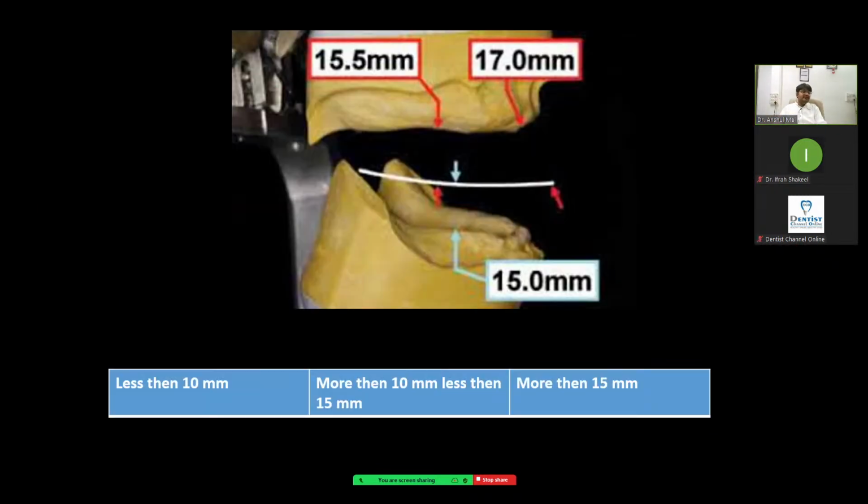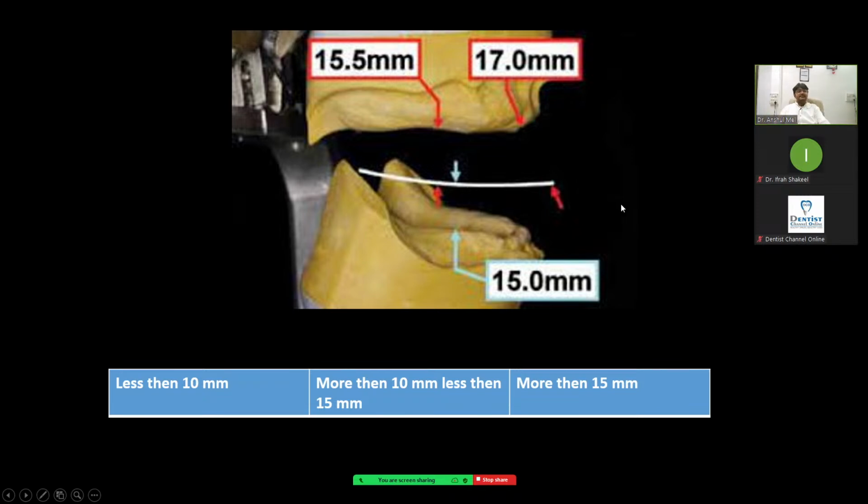And for delayed loading, you know everything, like the three divisions, from the occlusal plane to the crest, on the back side, not the anterior side. The occlusal plane to the crest of the ridge should be less than 10 mm, 10 mm to 15 mm, or more than 15 mm.